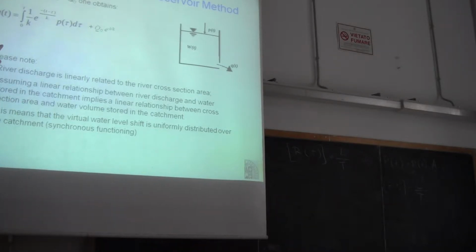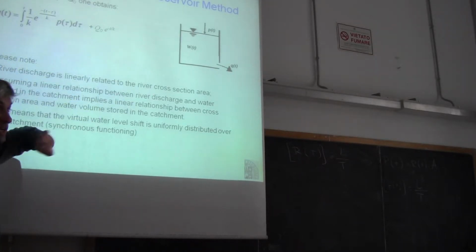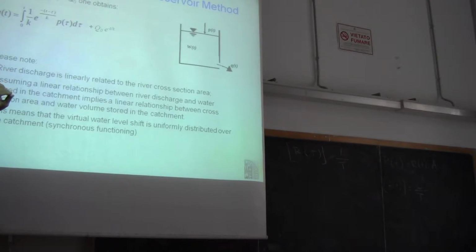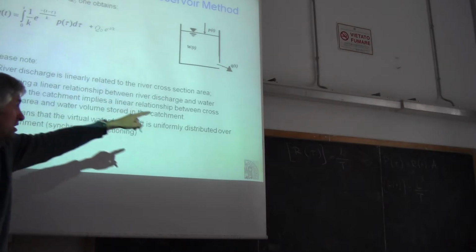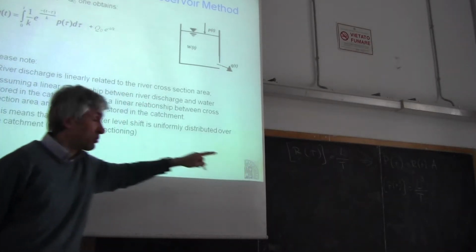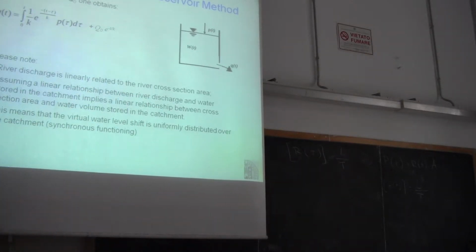So basically, K multiplied by d tau is dimensionless, and therefore the dimension of PT, which is cubic length over time, is the same dimension as the river discharge, which is, again, defined as a volume of water per unit time, and therefore, again, it's a cubic length over time.